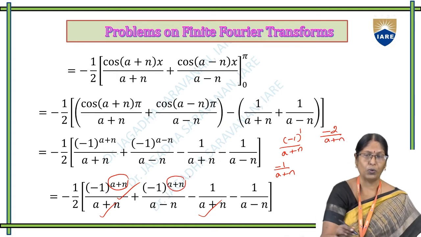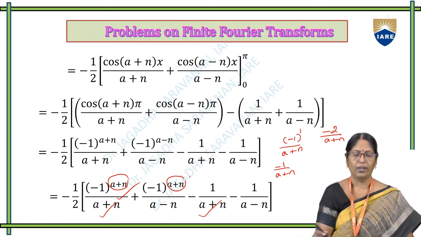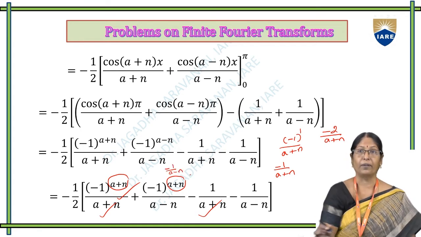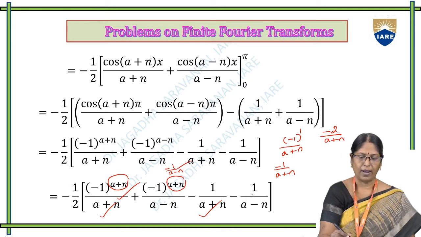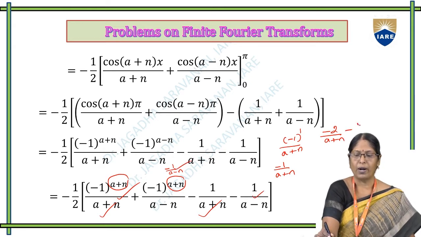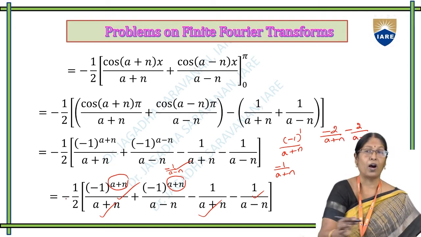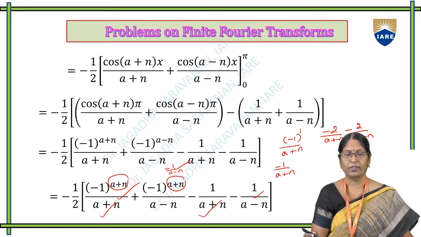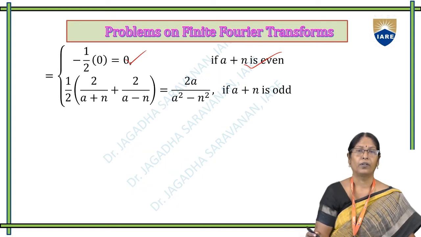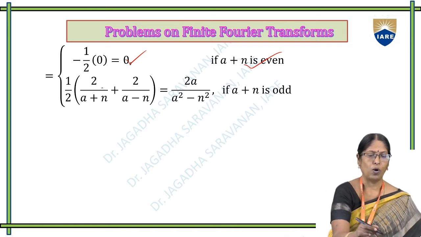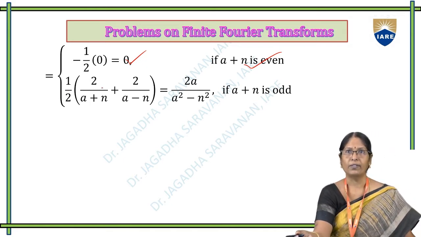Similarly here also we substitute 1, so it will become minus 1 by a minus n. This and this become minus 2 by a minus n. Minus minus, and already outside one minus is there, so it has become positive. So 1 by 2 of 2 by a plus n plus 2 by a minus n.